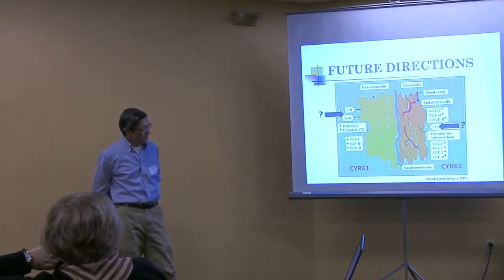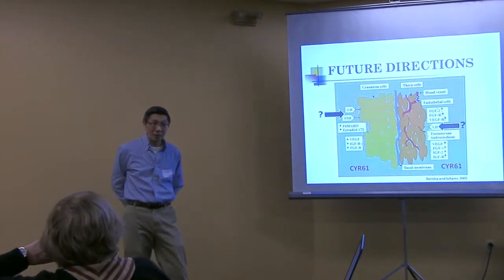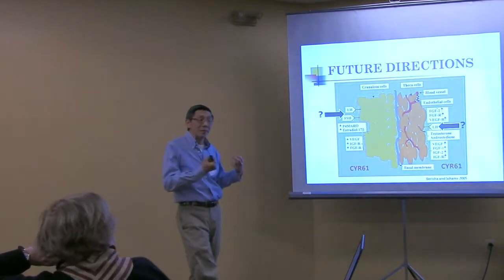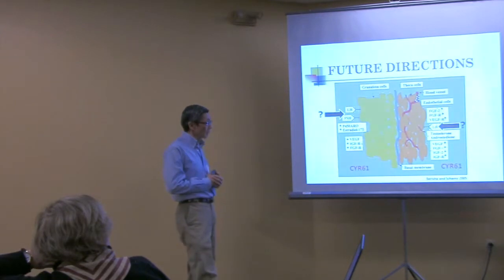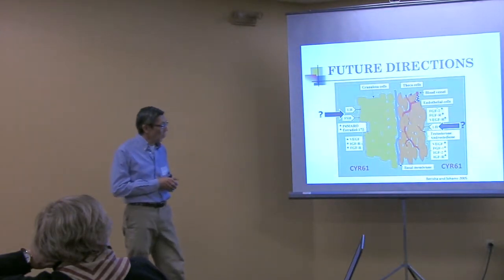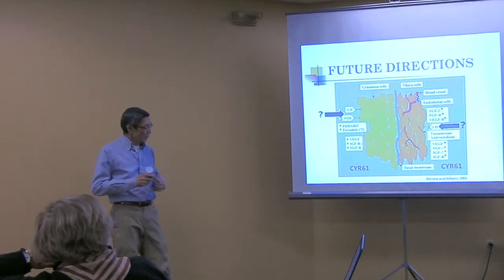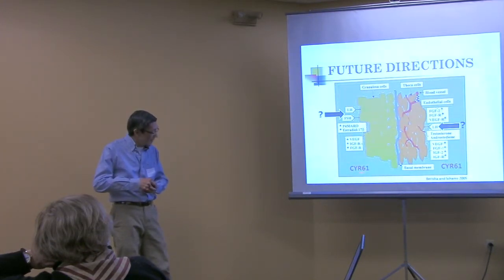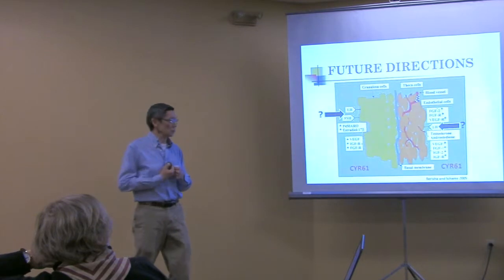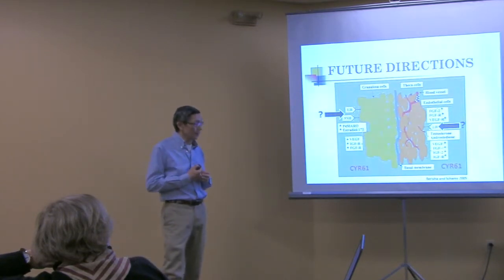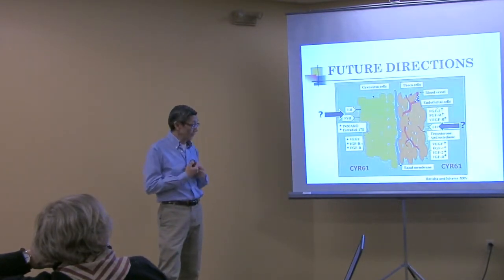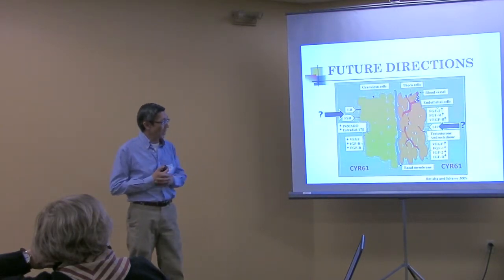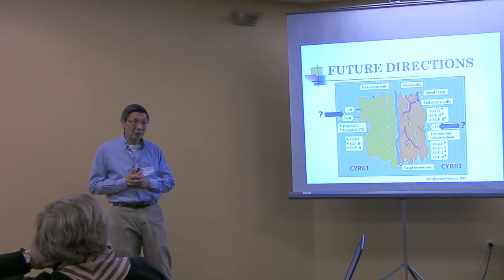So to conclude, what does this all mean? Here's all this basic information. How can we actually apply it? In my dream world, I'm hoping that the CYR61 plays an extremely important role in generating this blood vessel system and in regulating the development of new blood vessels. And so, in a way, I actually want to develop an angiogenic signature.